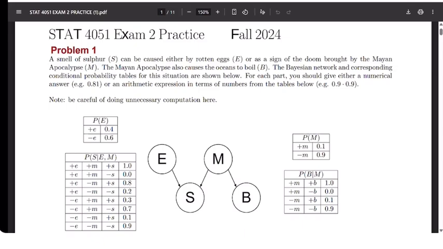They say the Bayesian network and the corresponding conditional probability table for this situation are shown below. For each part, you should give either a numerical answer or an arithmetic expression in terms of the numbers from the table.